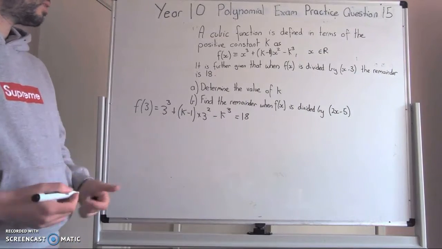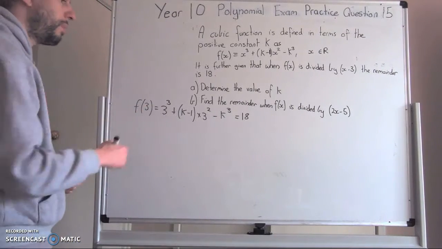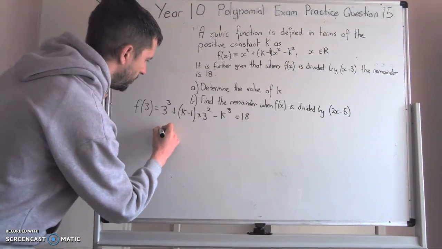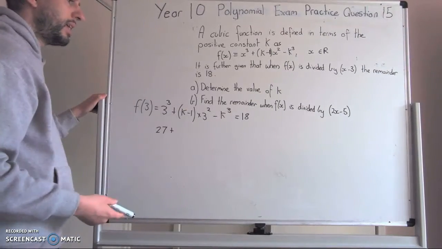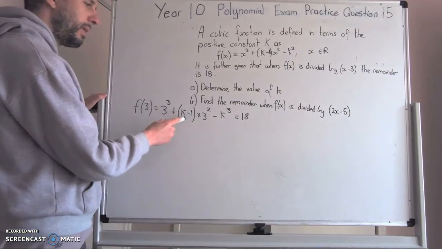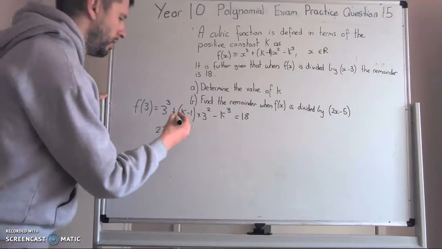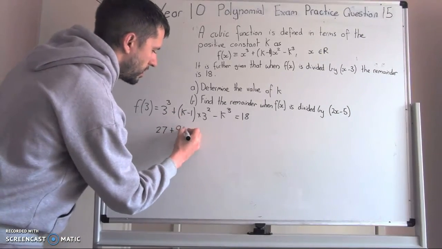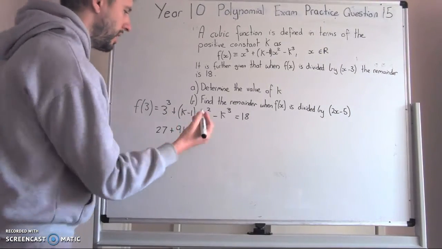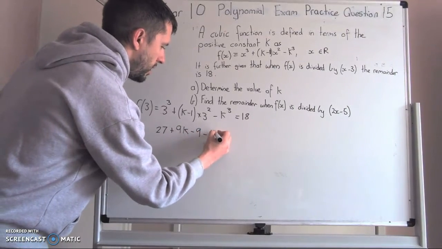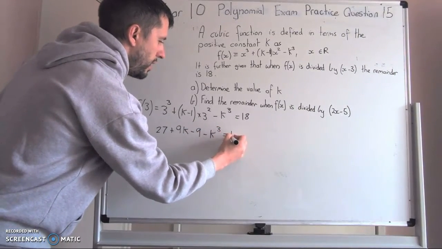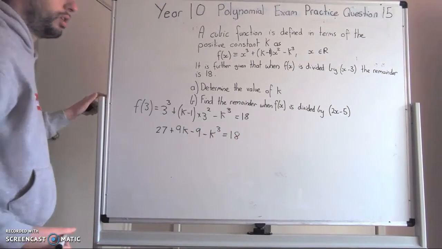The next step is I need to simplify this. 3 to the power of 3 is 27. 3 squared is 9, so 9 is being timesed by everything in the bracket. So it becomes 9 times k and 9 times negative 1, which is negative 9. Take away k to the power of 3 is equal to 18.